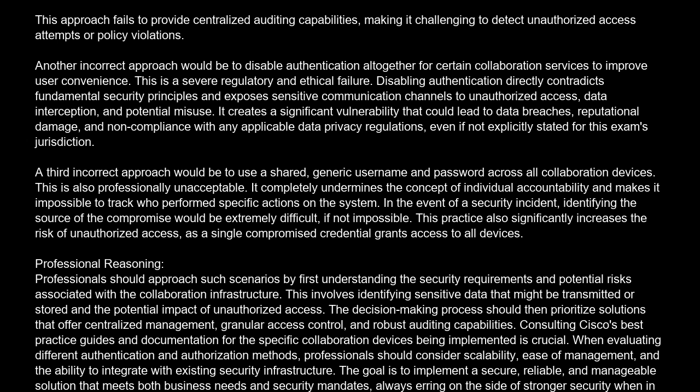Consulting Cisco's best practice guides and documentation for the specific collaboration devices being implemented is crucial. When evaluating different authentication and authorization methods, professionals should consider scalability, ease of management, and the ability to integrate with existing security infrastructure. The goal is to implement a secure, reliable, and manageable solution that meets both business needs and security mandates, always erring on the side of stronger security when in doubt.